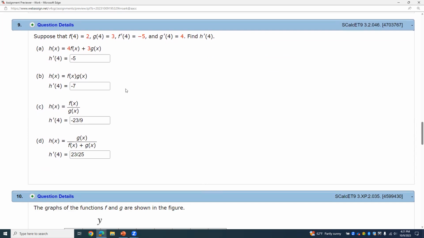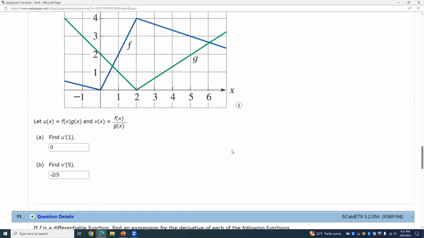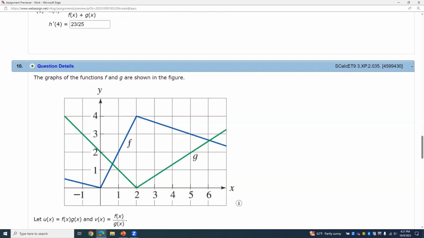It's problems like these that go up a level, where we have to mix and match. For the first one, we had two functions being added within the quotient rule. Or 10, where we have the product rule and the quotient rule, but we also have to look at the graphs to find the slopes and then bring it back in. So it's a lot to keep track of in our brains, and it can be overwhelming that way. But I hope this was helpful, even if it was a bit long.